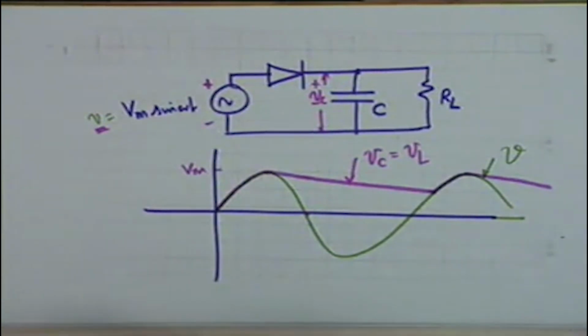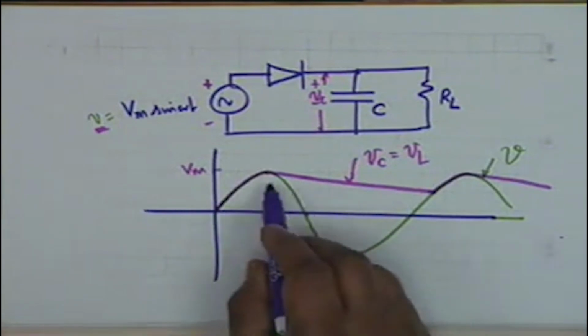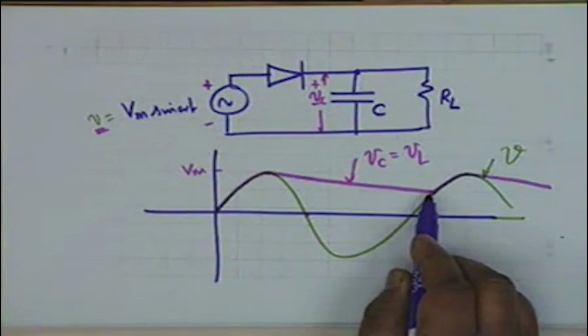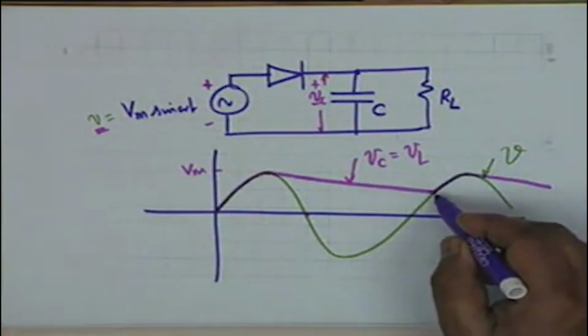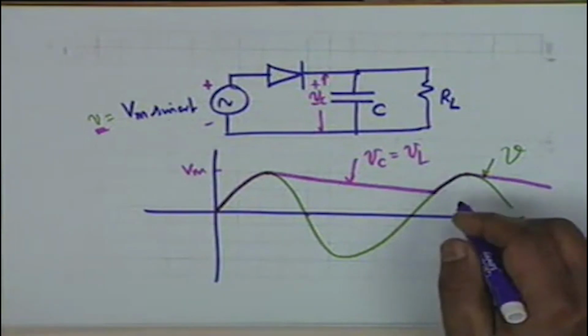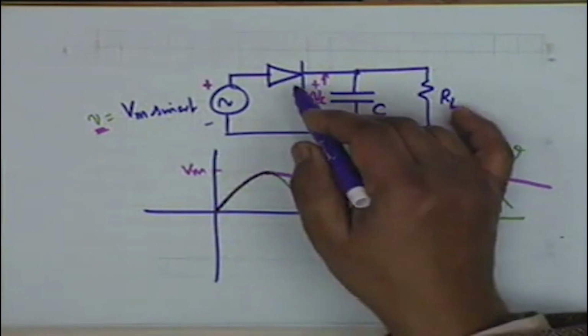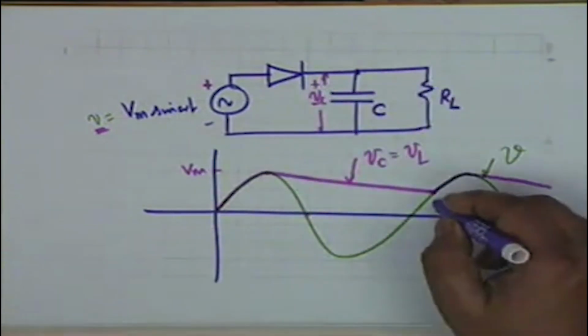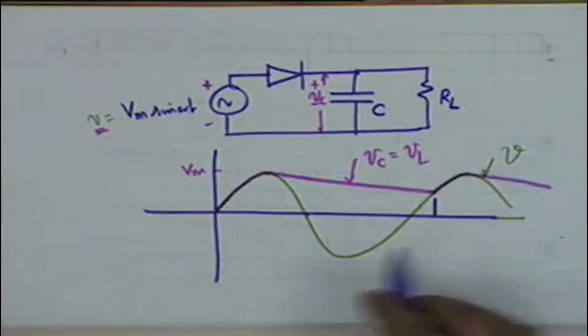diode current. Obviously the diode does not conduct during this decaying part. It starts conducting here, and as you know, when the diode conducts, the diode current is limited only by the external load, and therefore what happens is the diode starts conducting here.